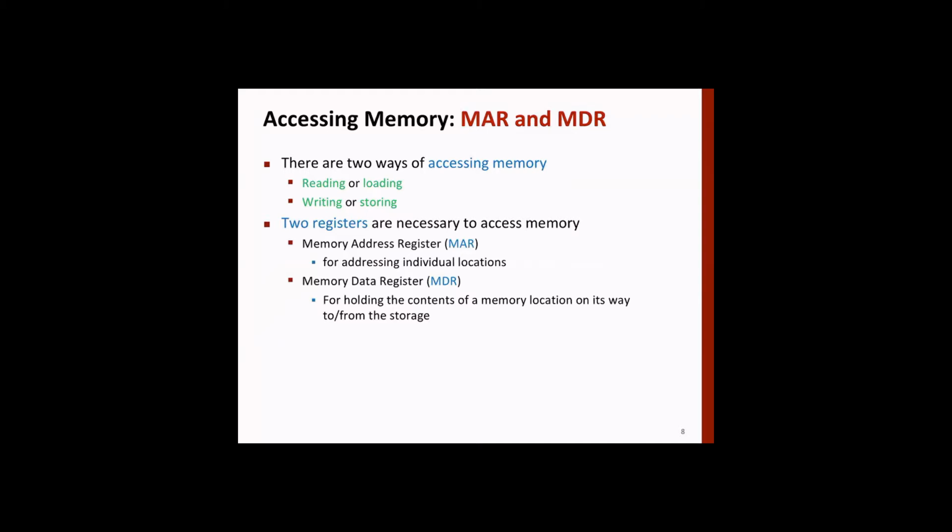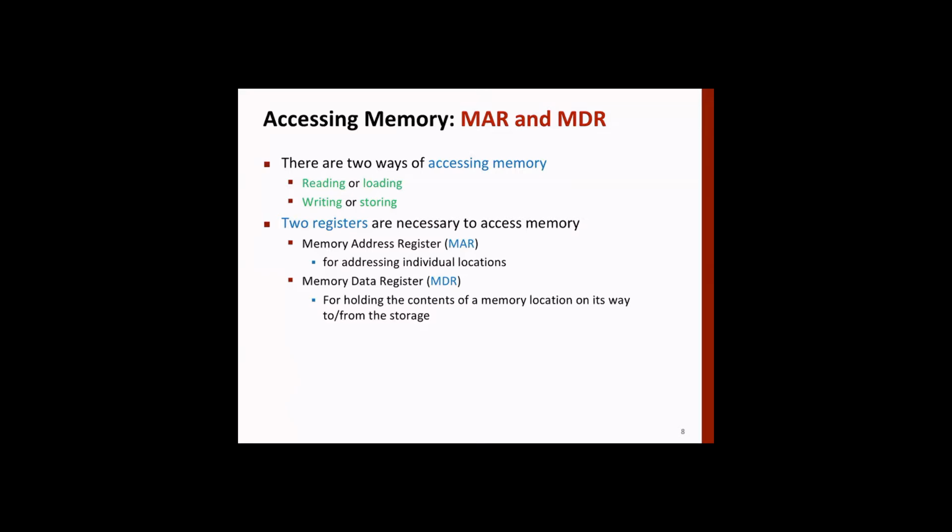The first is called the memory address register. The memory address register contains the address of the memory location that we want to read. When the ALU or central processing unit wants to bring a data item to itself, it will put the address value into the memory address register.